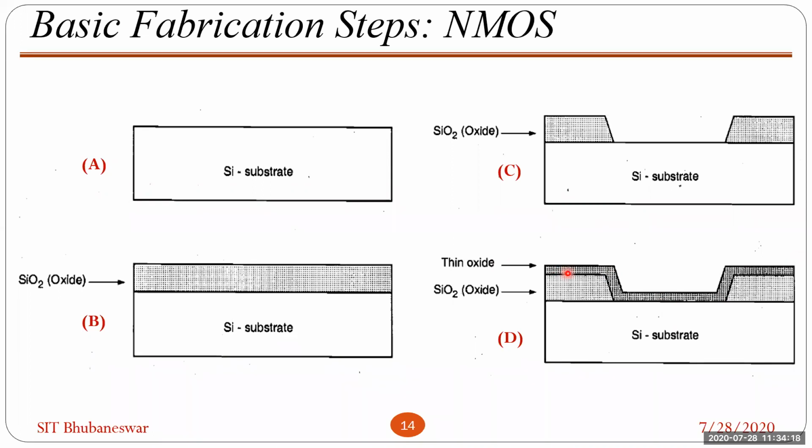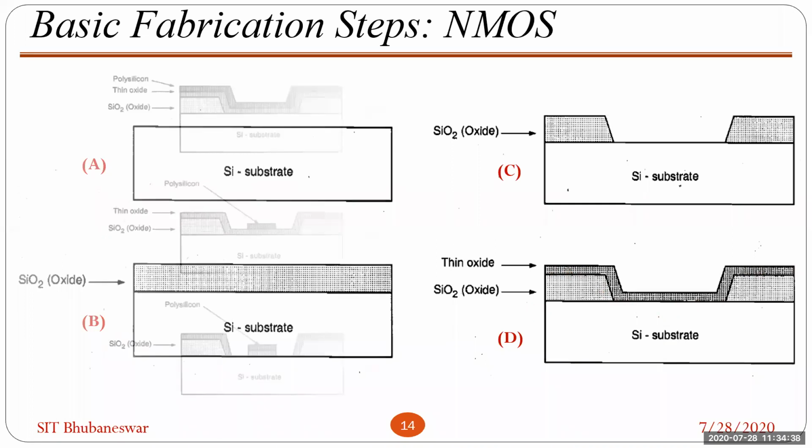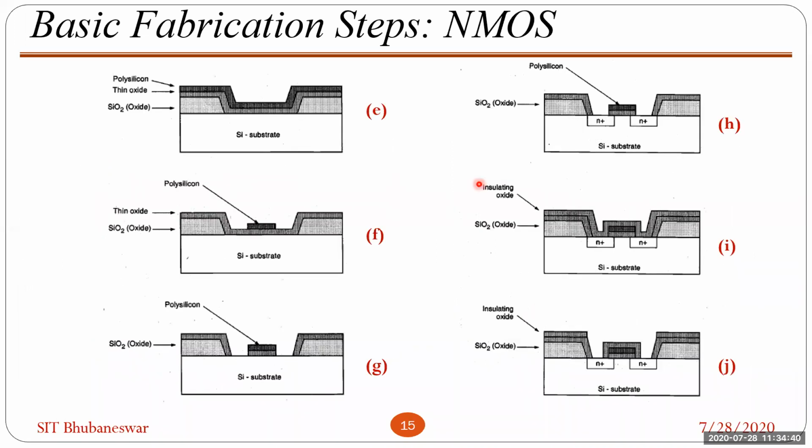Because for MOSFET, MOS means metal, oxide, and silicon, semiconductor. So metal is nothing but the polysilicon, then oxide, then this is semiconductor. So that's why we will put that thin oxide layer. So now, after the thin oxide, you will put polysilicon. One polysilicon layer.